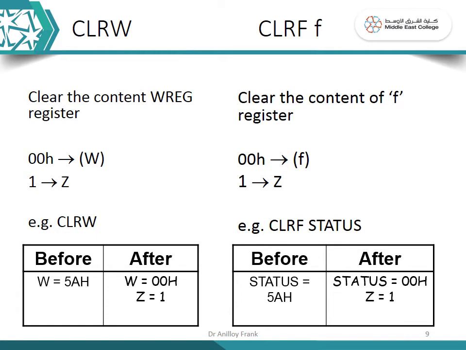The CLRW and CLRF instructions. The CLRW instruction clears the content of the W register to 0 and sets the Z flag to 1. The CLRF instruction clears the content of the file register to 0 and sets the Z flag to 1.